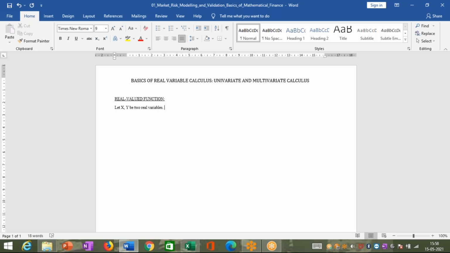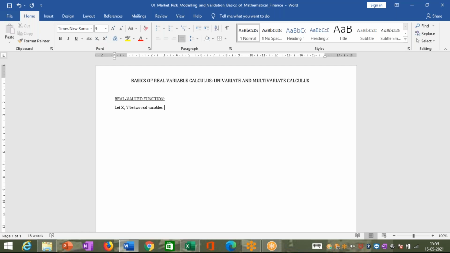A real variable is a variable which has a well-defined nth root of the number. Basically, if I take the square root of that number, it should give me back a well-defined value.